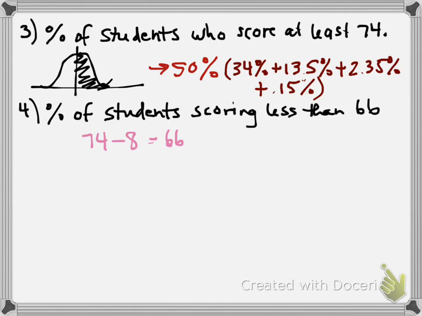So that gives me the 13.5%, the 2.35%, the 0.15%. And what does that total up to? It would be exactly 16%. Okay?